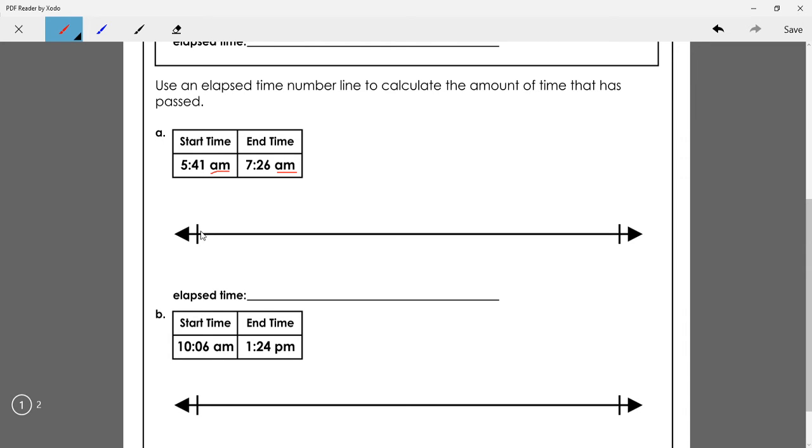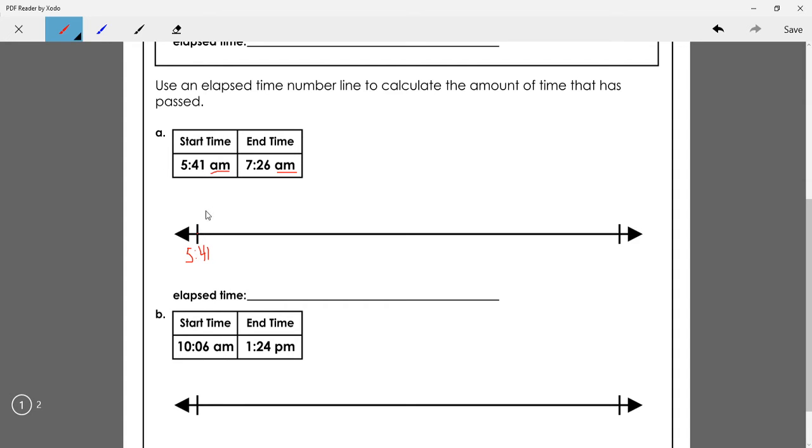Typically how I like to do it is I just hop hours until I can't hop hours anymore, and then I'll go to minutes. So let's say this is 5:41, right?